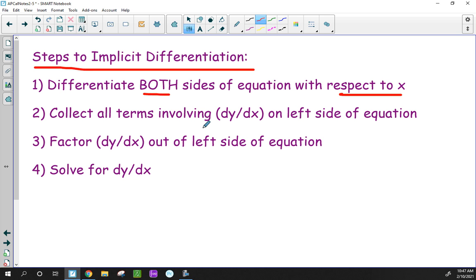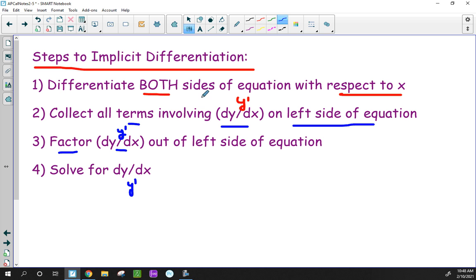Then, after you do that, you're going to collect all terms involving dy dx, or y prime, on the left side of the equation. Next, you're going to factor the dy dx, or y prime, out of the left side. And then you're going to basically just end up solving for dy dx, or y prime.